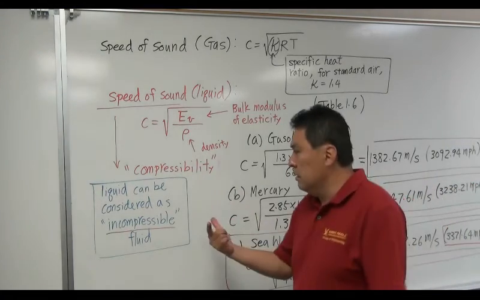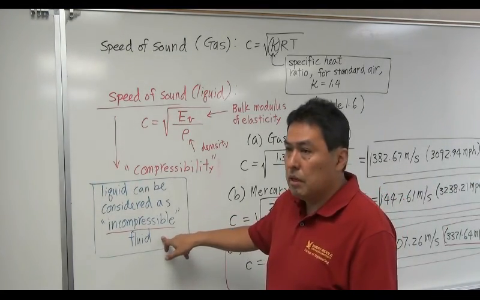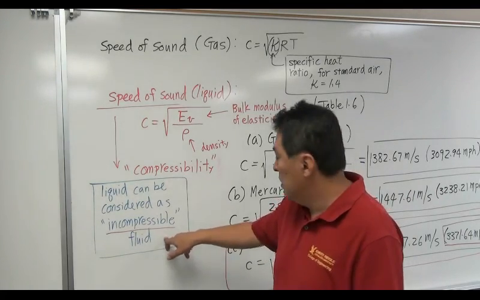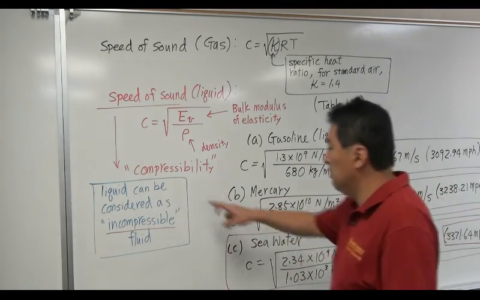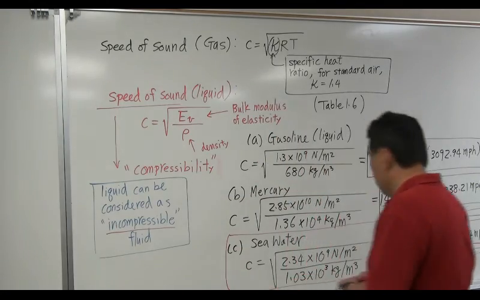Now, come to think about it, if it's indeed incompressible, speed of sound is actually infinity. But in this case, obviously not infinity, but it's very, very close to incompressible.